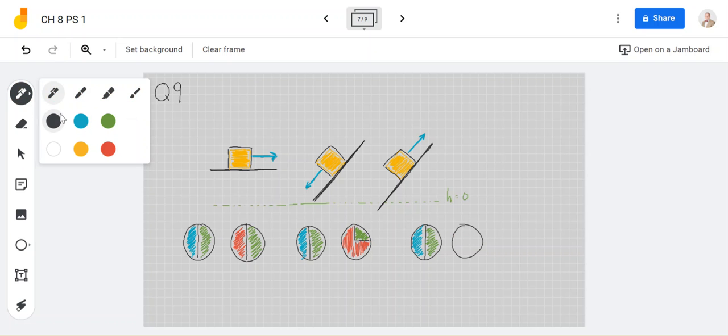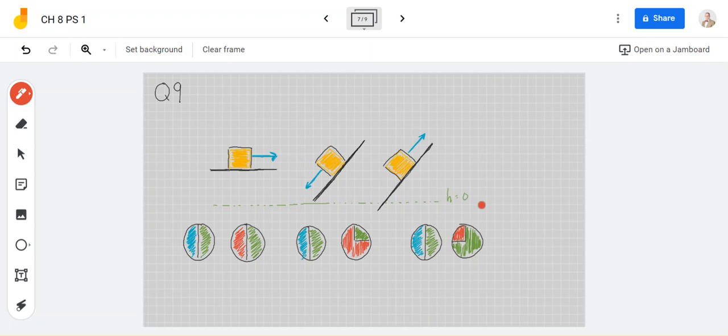And this last one is going to go up the hill before it comes to a stop, which means it's gaining some gravitational potential energy. And again, it comes to a stop, and all the rest of the energy is converted to thermal energy.